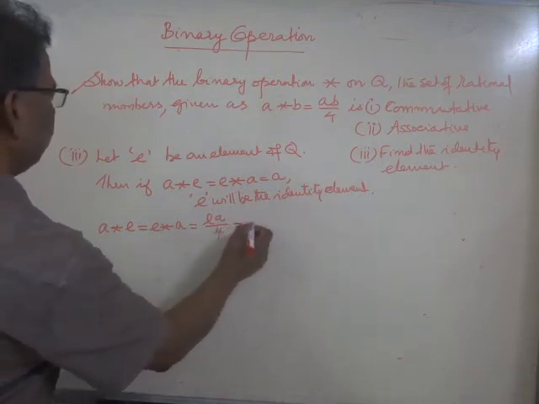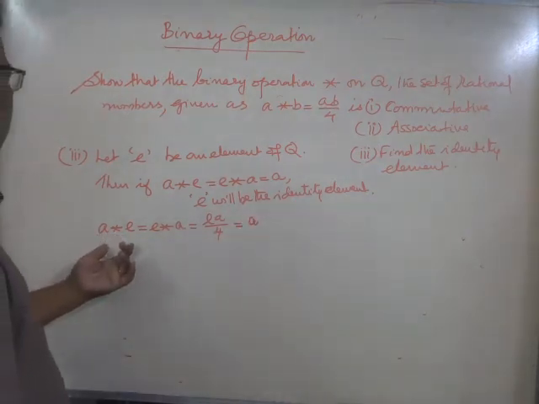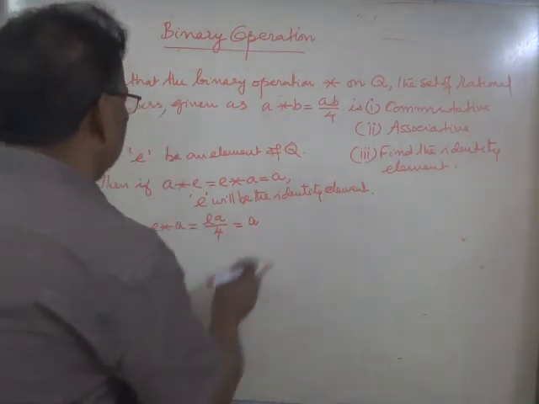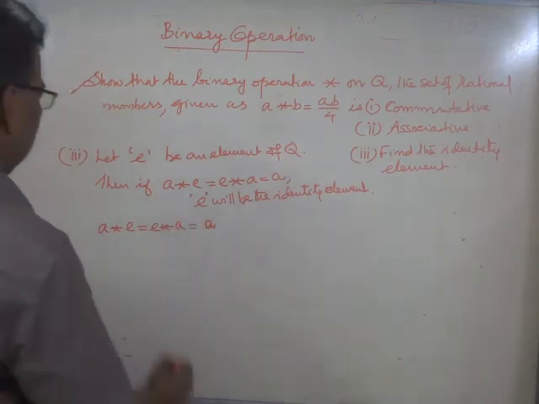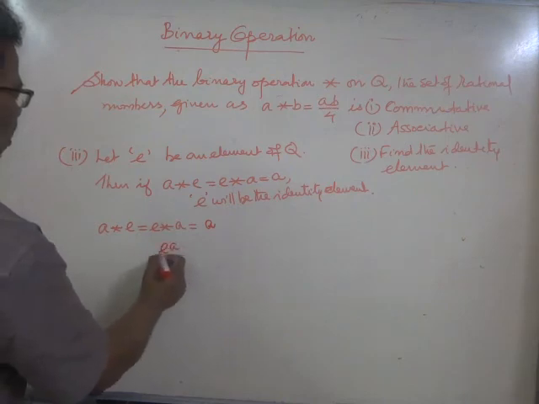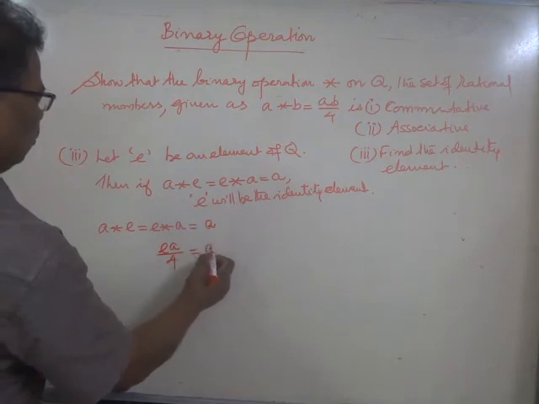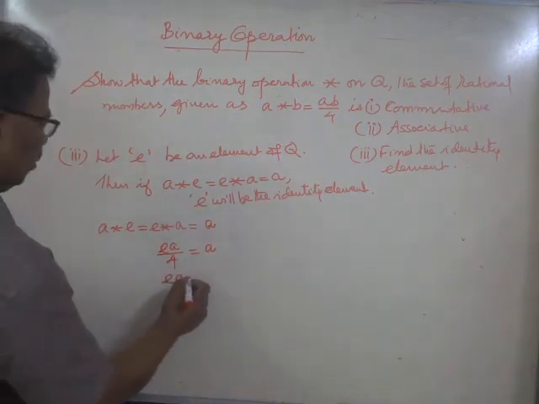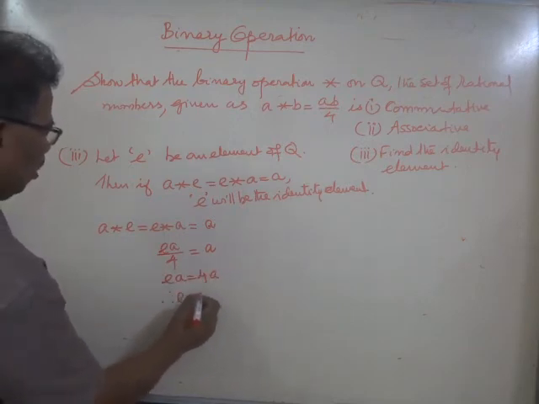A star E is equal to E star A is equal to A. Now E star A is equal to EA by 4. EA by 4 is equal to A itself. EA is equal to 4A. Therefore, E is equal to 4.